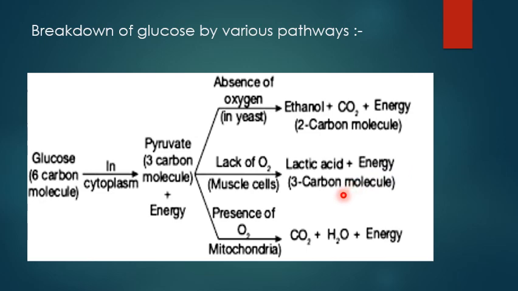The third type is in the mitochondria, where breakdown of pyruvate takes place in the presence of oxygen to give rise to carbon dioxide, water and energy. In this way the breakdown of glucose takes place by various pathways. I hope you got it.